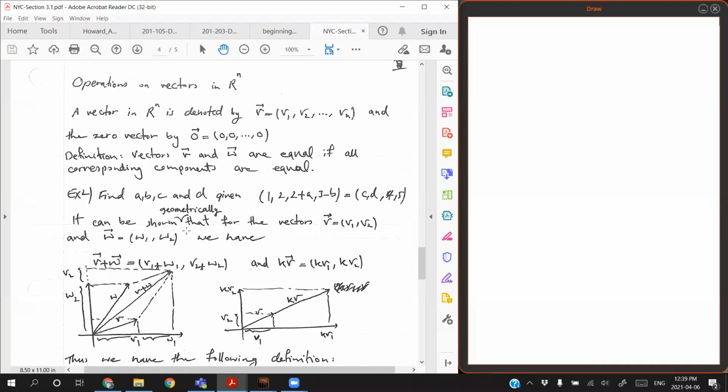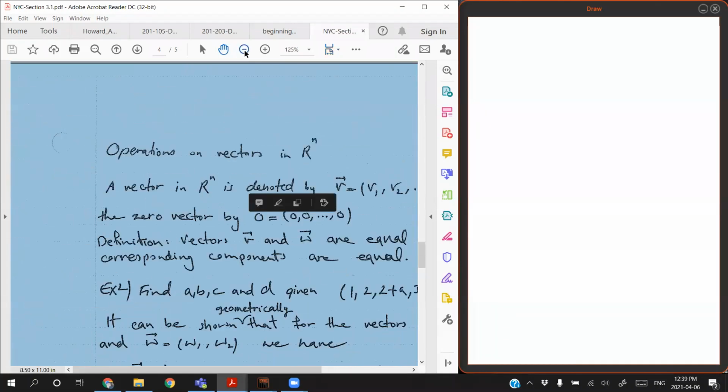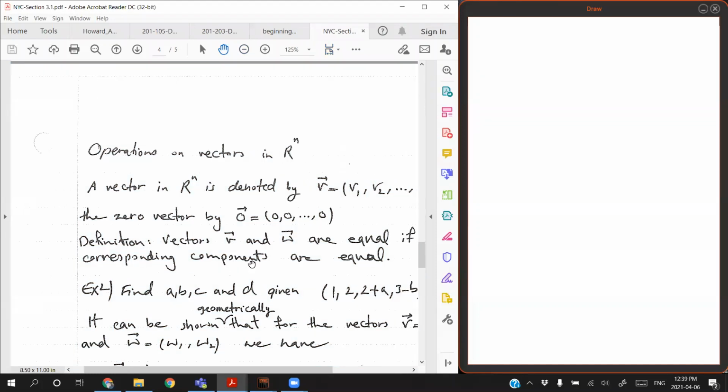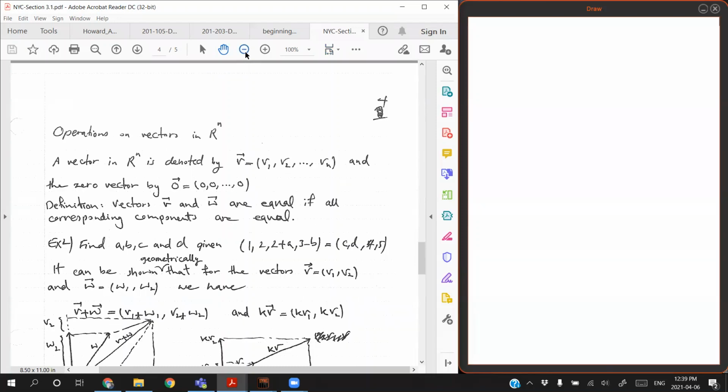So here we have a simple example. It says find A, B, and C, given that these two vectors are equal. So we have the vector 1, 2, 2 plus A, and the vector 3 minus B. And we have the vector C, D, 4, 5. And we are told that these two are equal.